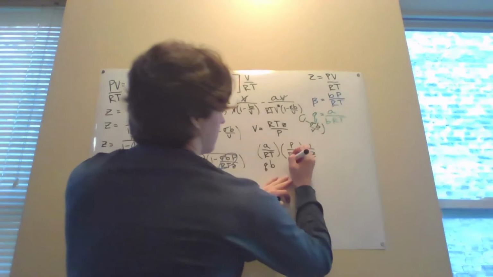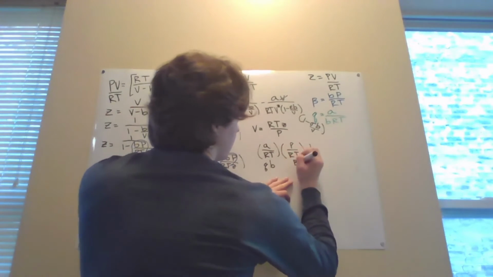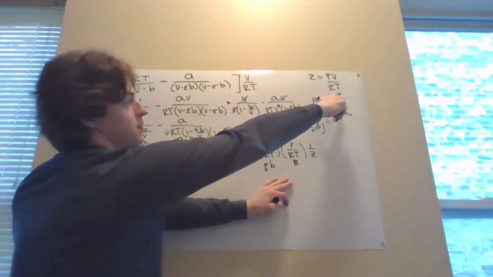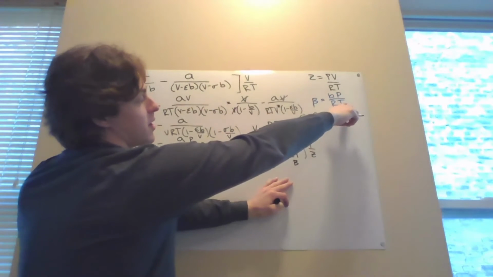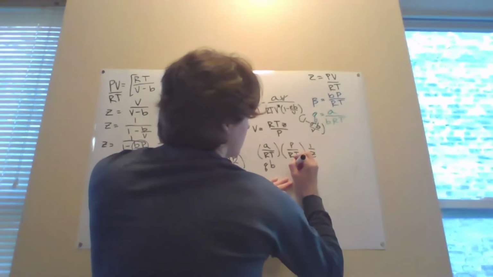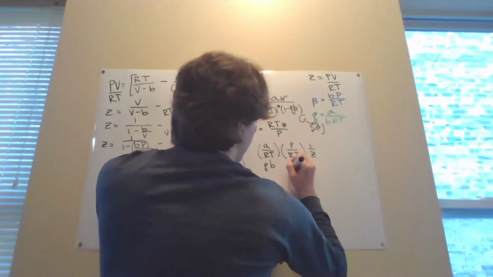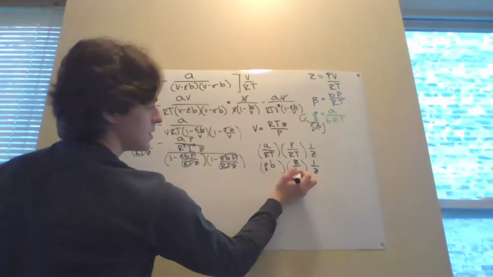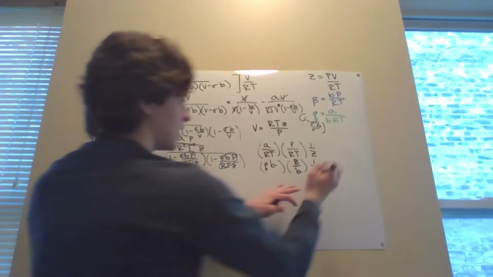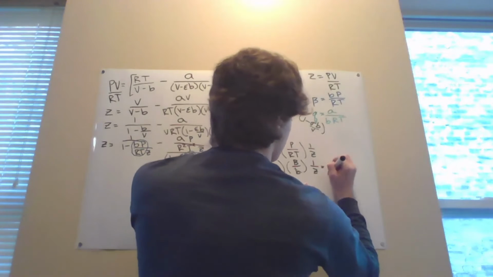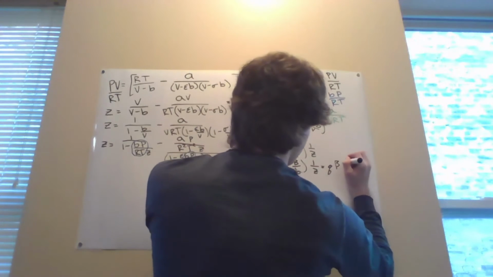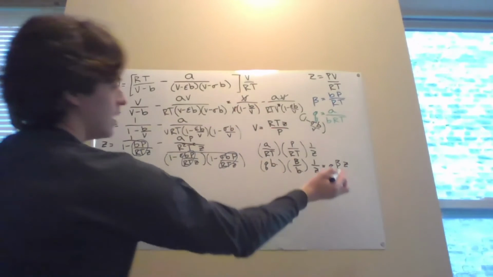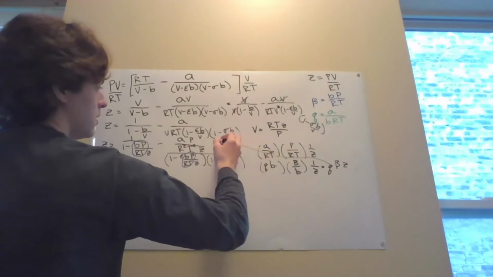This can be rewritten as beta divided by b, because we just have the pressure, gas constant R, and temperature, so it would be beta over b. And then we still have 1 over Z. So in this case, both of the b's will cancel out, and so we'll just be left with Q times beta times Z. And so this gets plugged in up here.